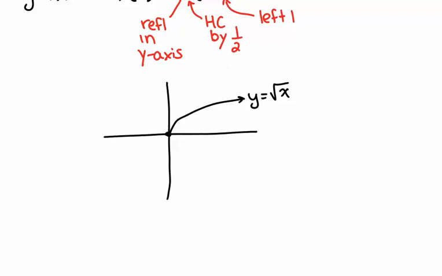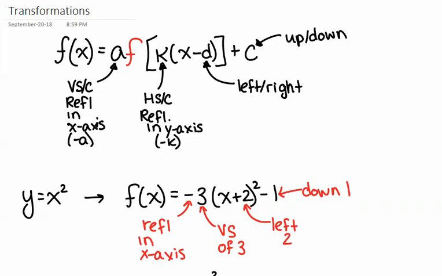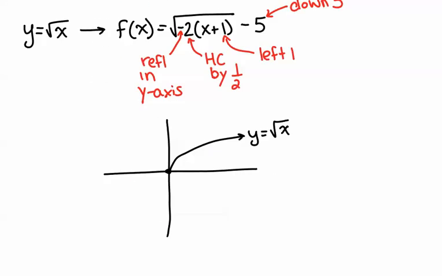Okay, so it's going to actually cause my graph to kind of open up farther. Okay, and then left 1 and down 5. So let's apply all of that stuff. So left 1, down 5: 1, 2, 3, 4, 5. So it's starting here, and it's going to go something like that.